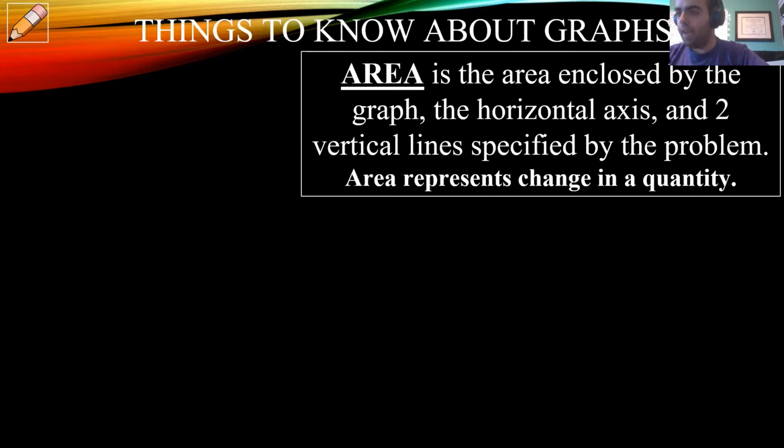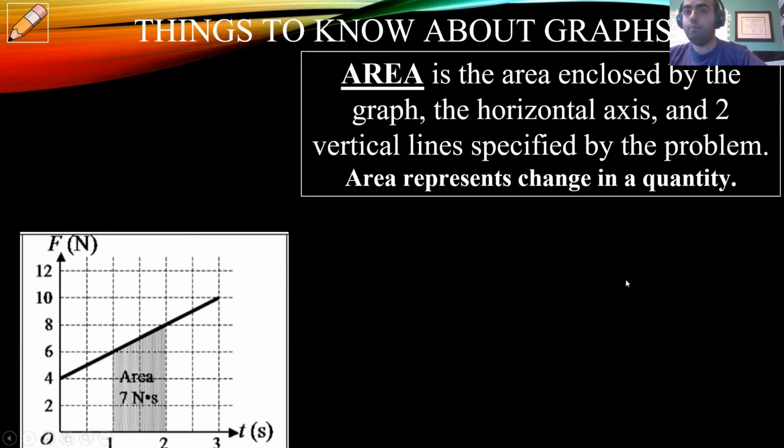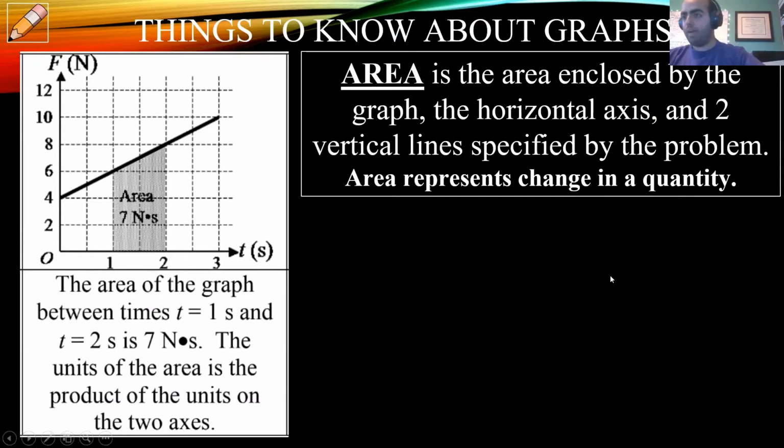Because the area is always going to have some starting point, the first vertical line, and some ending point, the second vertical line, the area is always going to represent a change in whatever quantity the area happens to represent. Going back to our same graph, if they asked you about the area of the graph between times 1 second and 2 seconds, this would be the area that we're talking about.